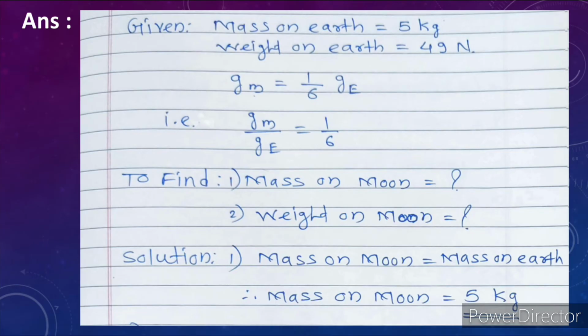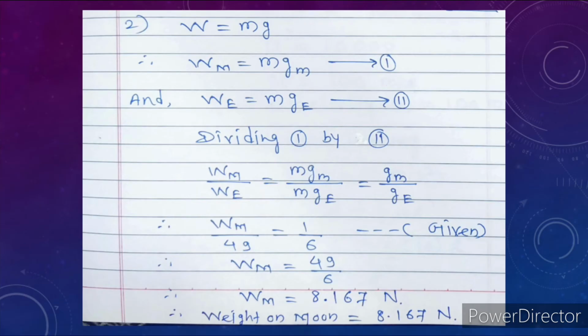Solution. First, mass on moon is equal to mass on earth, and therefore mass on moon is equal to 5 kg, because mass on earth is given 5 kg. Second answer, W is equal to mg. Therefore, weight on moon is equal to mGm, equation 1, and weight on earth is equal to mGe, equation 2.